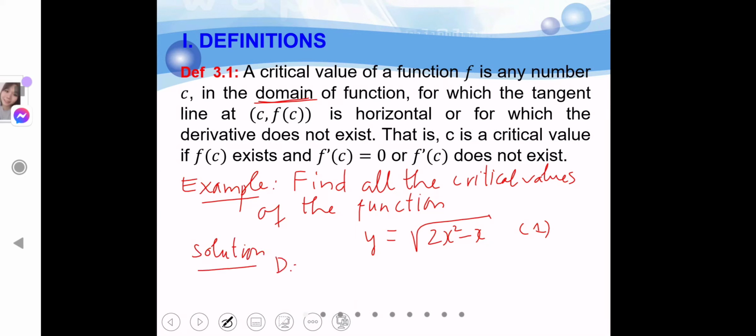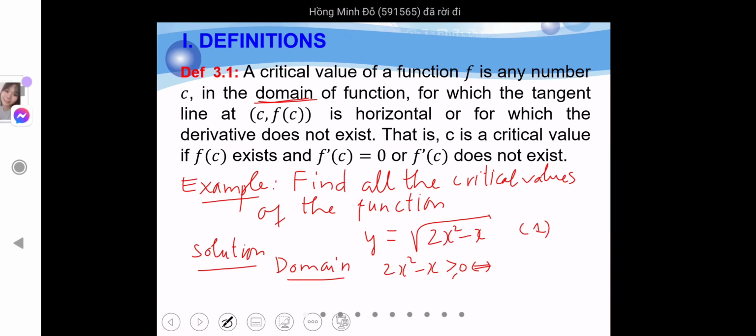What is the domain of this function? You need to solve the inequality 2x squared minus x is greater than or equal to 0.